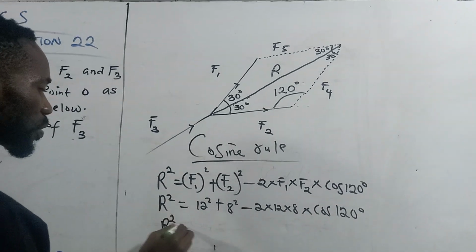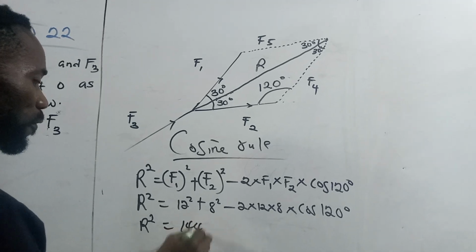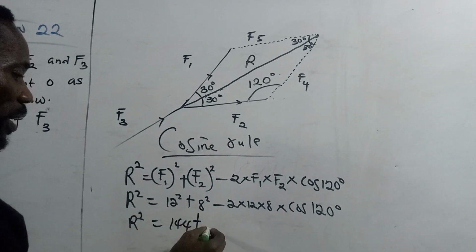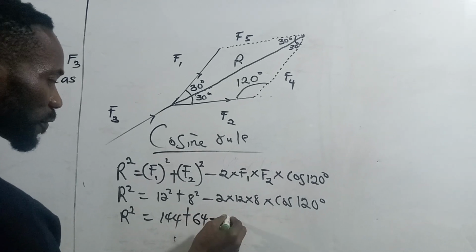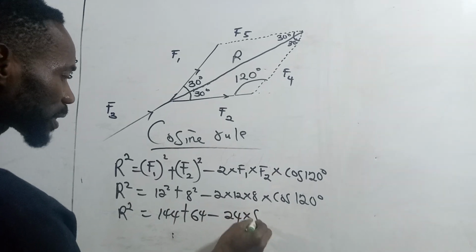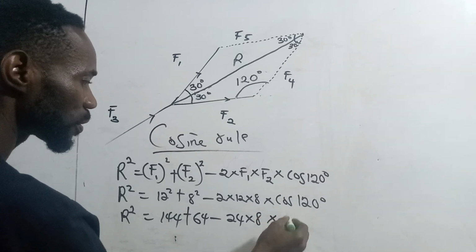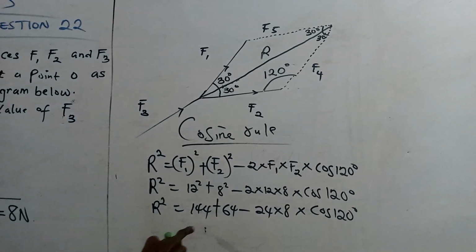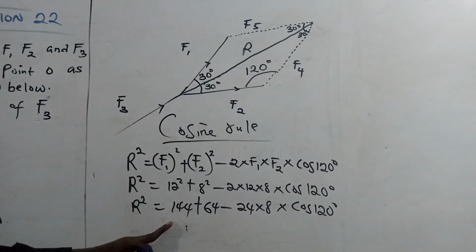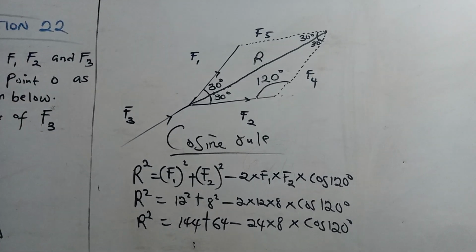Our resultant R squared will be equal to 144 for 12 squared, plus 8 squared is 64, minus 2 times 12, which will give us 24, times 8 times cos 120 degrees. So 64 plus 144 gives us 208.